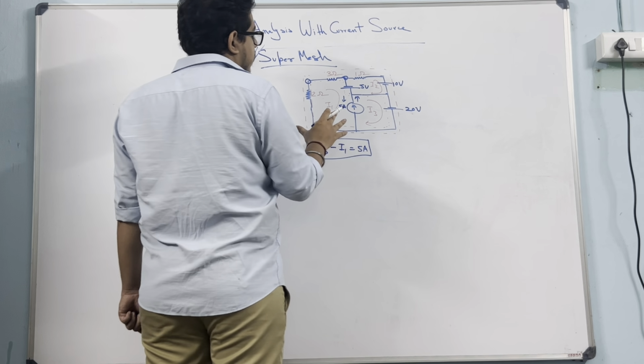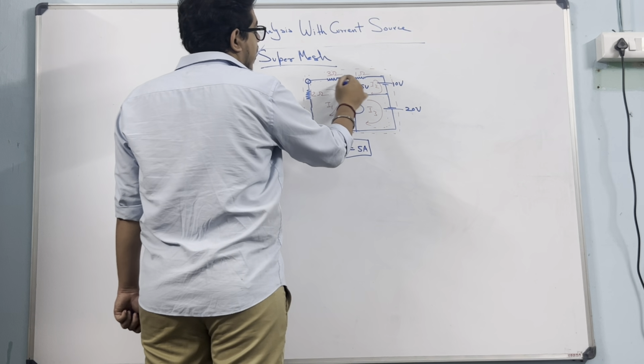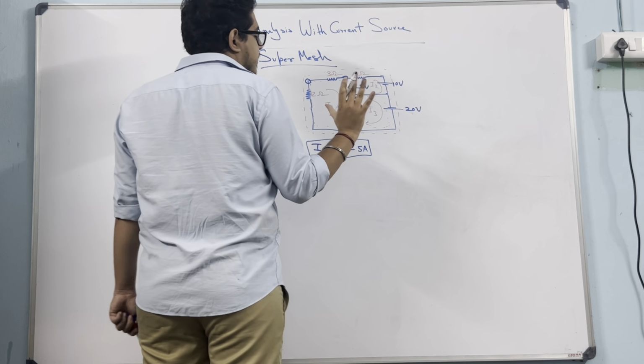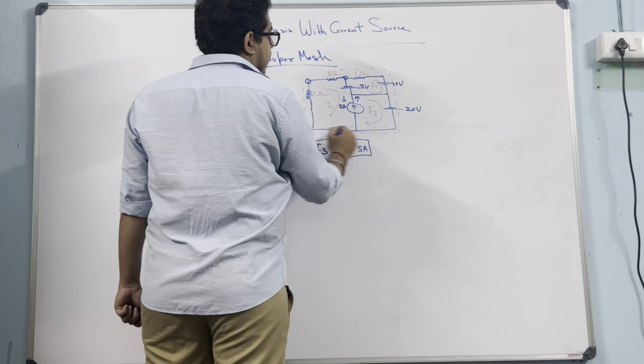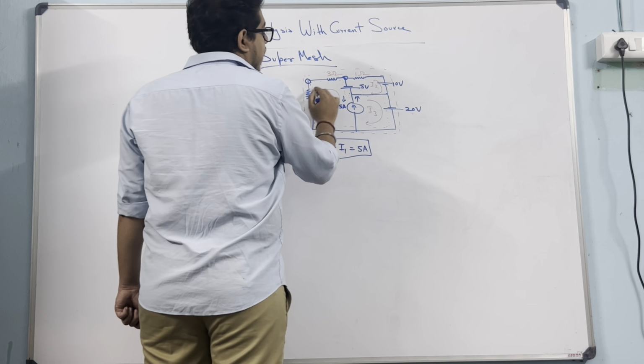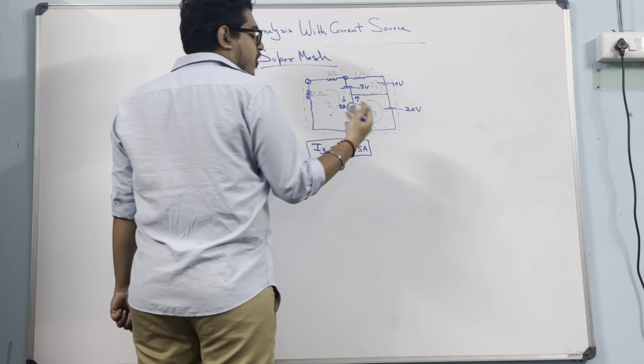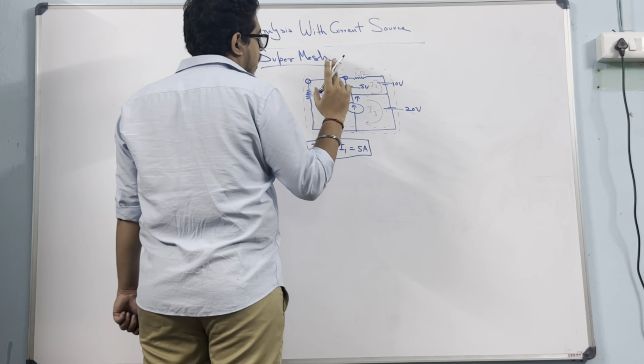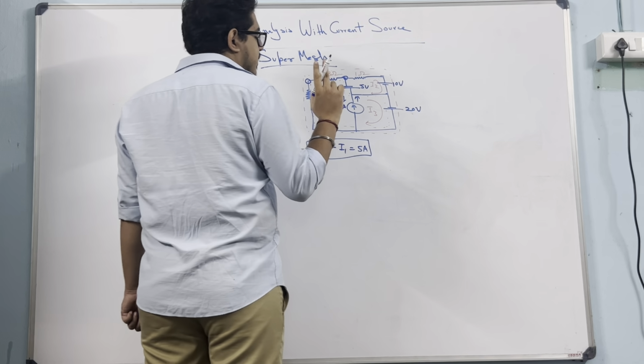So what I will do, either I will write this one or this one or this one. Any 3 equations I can form. One supermesh, 2 supermesh, and 1 mesh. Already got 1 equation. I will form 2 more equations from the supermesh itself.